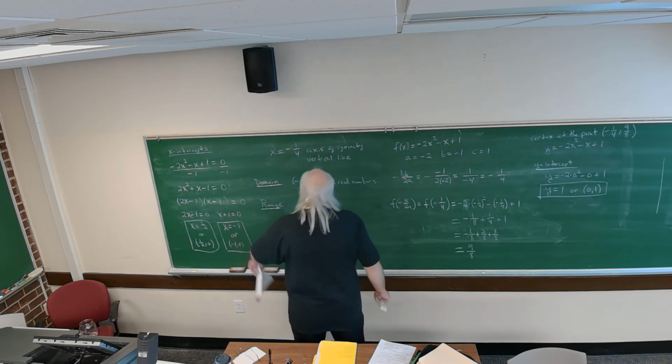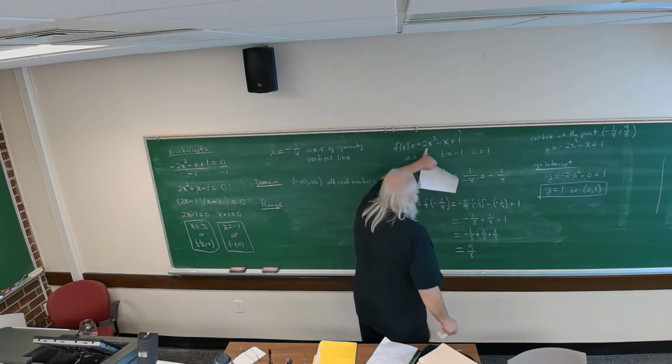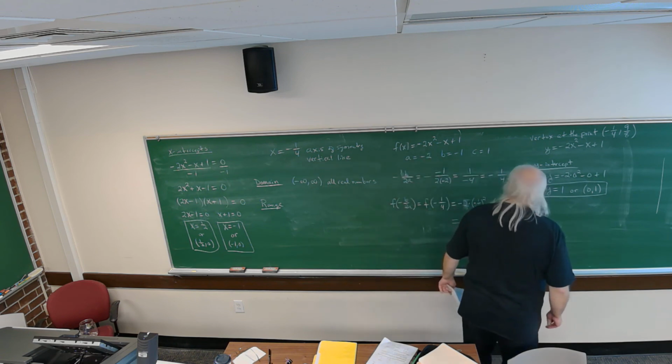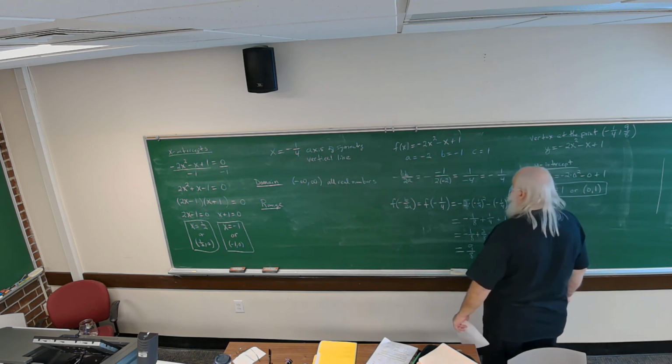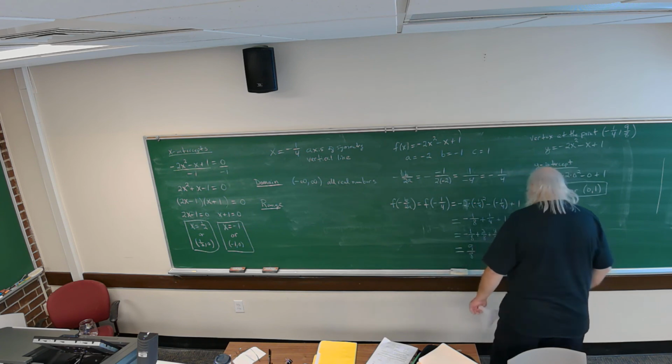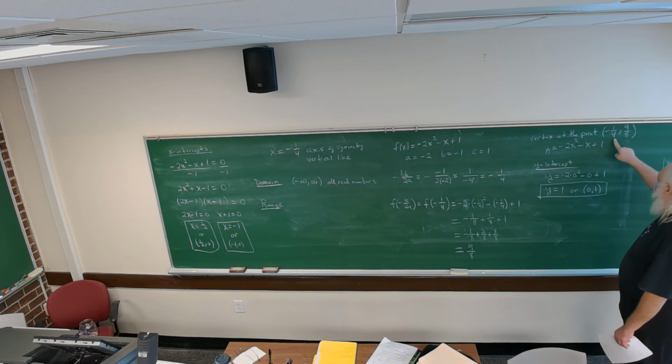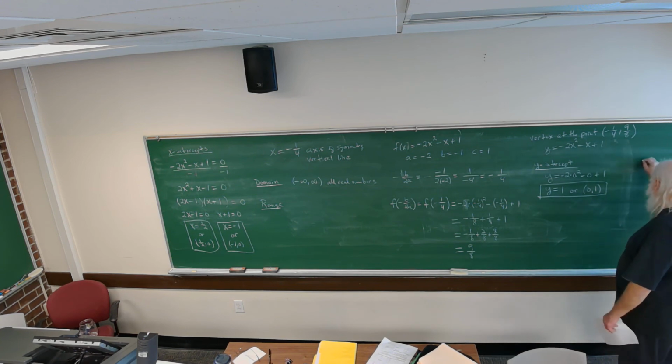Our original function here has a negative sign in front of the x², right? Has a negative number. So here's the vertex. It's at -1/4, 9/8. So it's in the second quadrant.